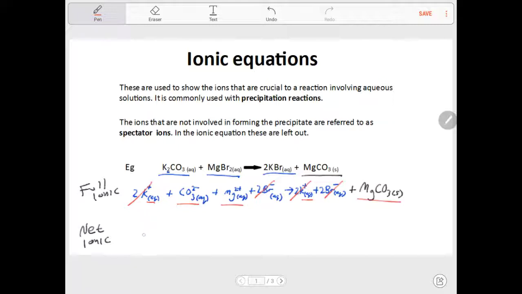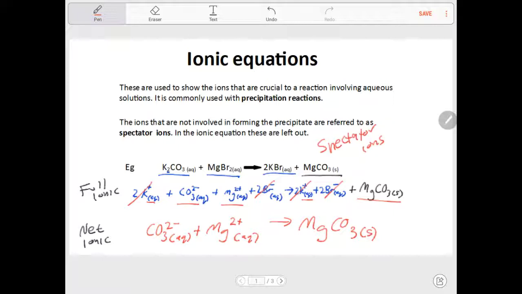So the net ionic will be that really, essentially what's happening is a carbonate and a magnesium, which are in solution. When they're mixed, they form this solid. And that's actually what's happening. The potassium and the bromine are really just watching. They are spectator ions. So this is our net ionic equation.